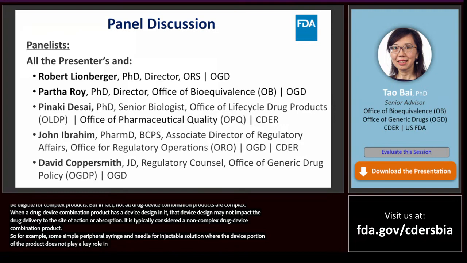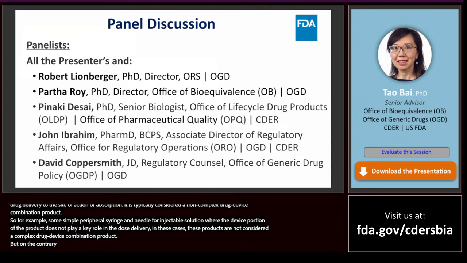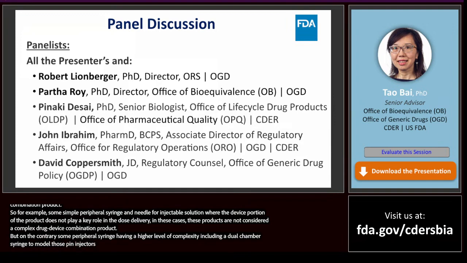In these cases, these products are not considered complex drug device combination products. But on the contrary, some pre-filled syringes having a higher level of complexity, including a dual chamber syringe or multi-dose pen injector, those products are eligible for complex generic drug products.